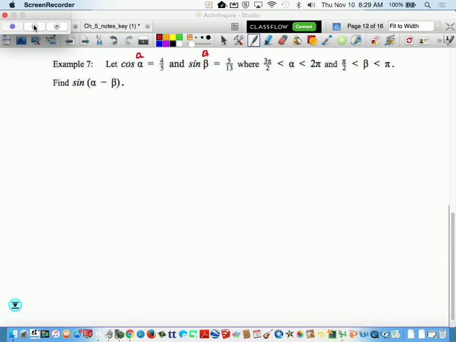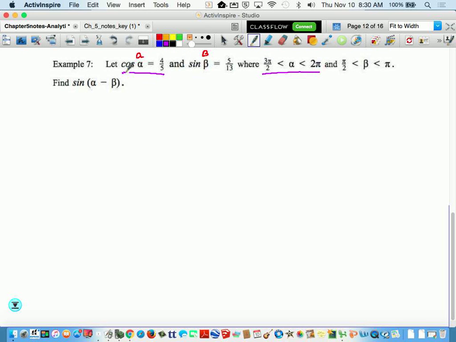So I'm going to take this information along with this piece right here. So I'll underline them in purple. We're going to draw x, y axis over here. 3 pi over 2 to 2 pi is talking about the fourth quadrant. So we're going to draw a triangle in the fourth quadrant.